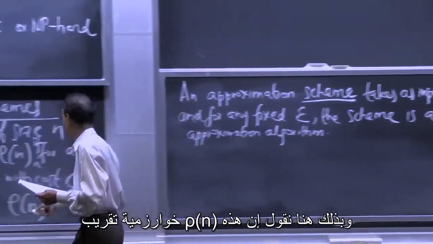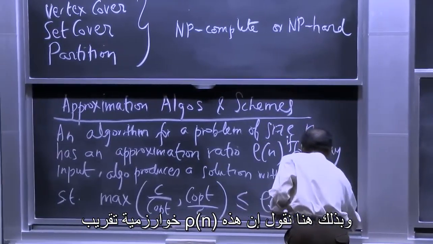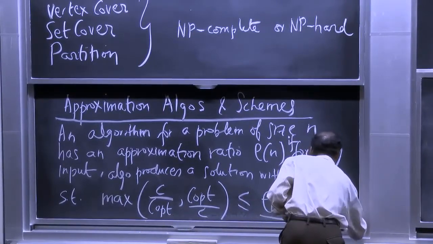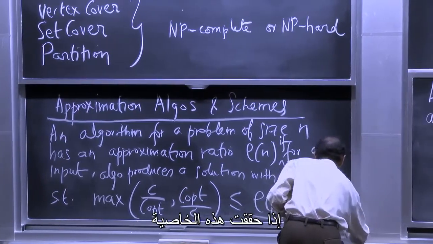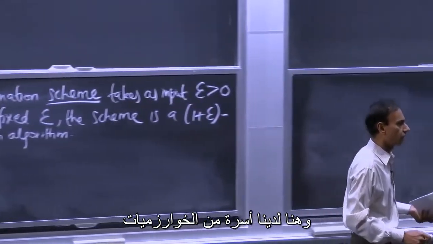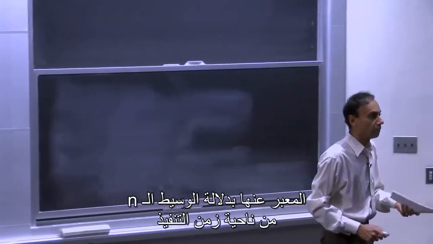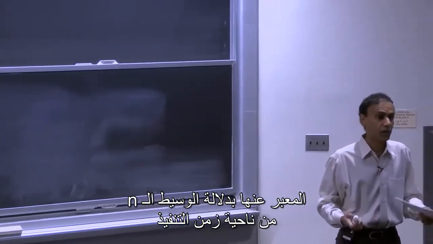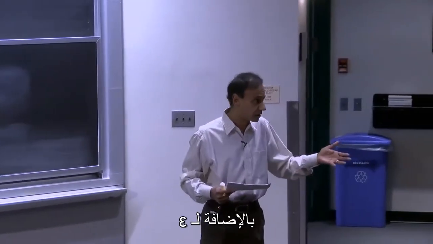And so here we just say that this is a rho n approximation algorithm if it satisfies this property. And here we have a family of algorithms that are parameterized by n in terms of runtime as well as epsilon.